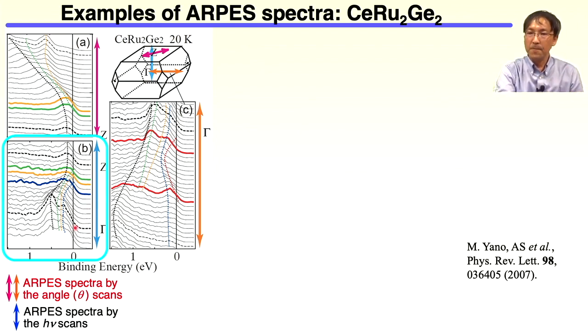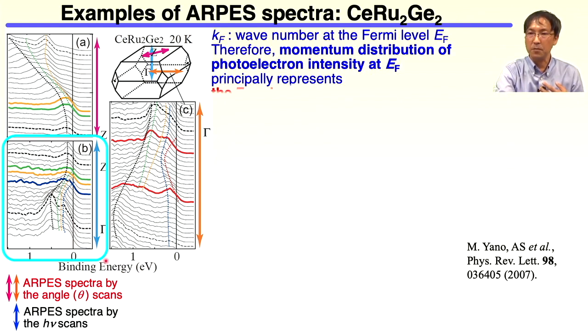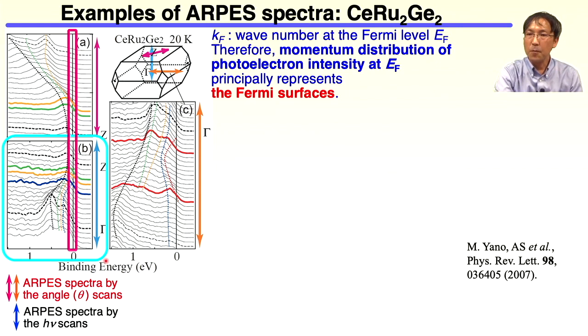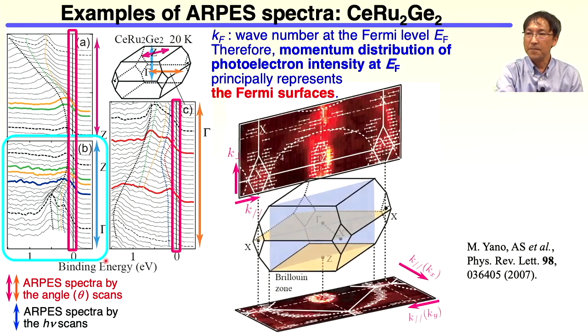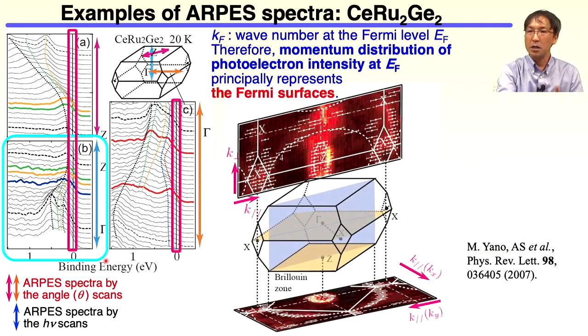Then we focus on the spectral weight in the vicinity of the Fermi level. The Fermi wave number kF is the wave number at the Fermi level, and hence the spectral weight is strong at the kF. Therefore, the momentum distribution of the photoelectron intensity at the Fermi level principally represents a cross-sectional Fermi surface like this one.